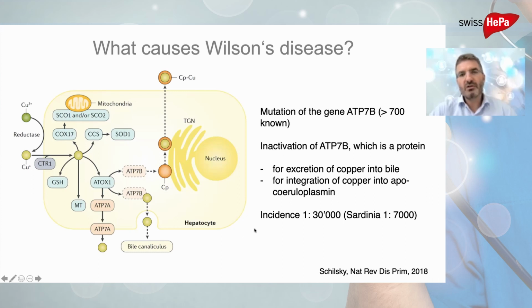The incidence of Wilson's disease is approximately 1 in 30,000 persons. In Sardinia in particular, the incidence is much higher, 1 in 7,000.